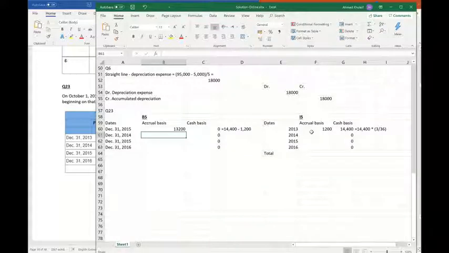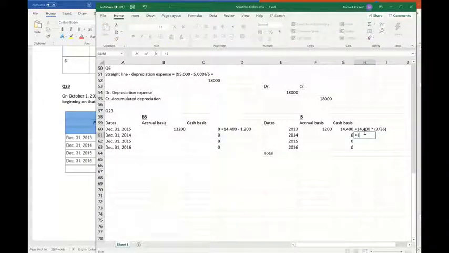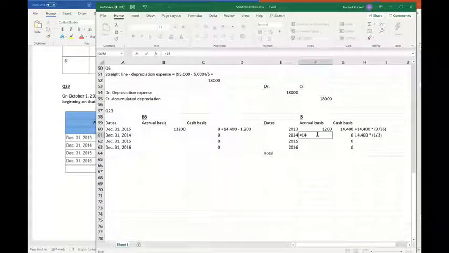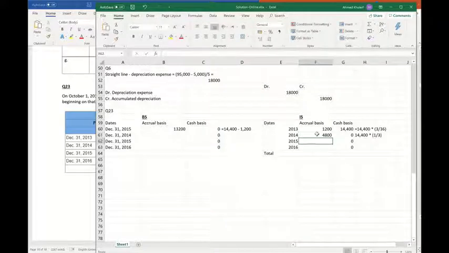Then in 2014, this will benefit from a whole year. So this is a whole year, which is 14,400 multiplied by 1/3, because there are 3 years. So merely a third of this amount will be used in the second year, 14,400/3, which is 4,800.